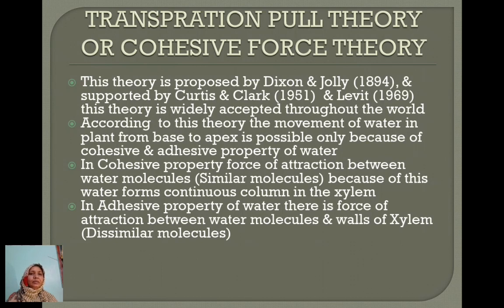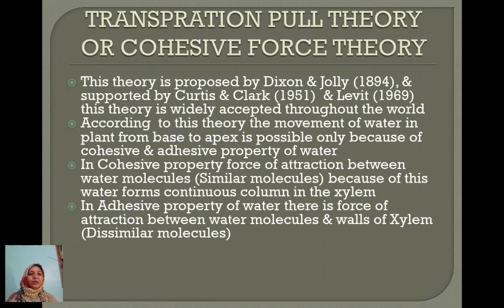According to this theory, the movement of water in the plant from base to apex is possible only because of the cohesive and adhesive properties of water. The cohesive property of water is the force of attraction between water molecules, and because of this force, water forms a continuous column in the xylem tissue.